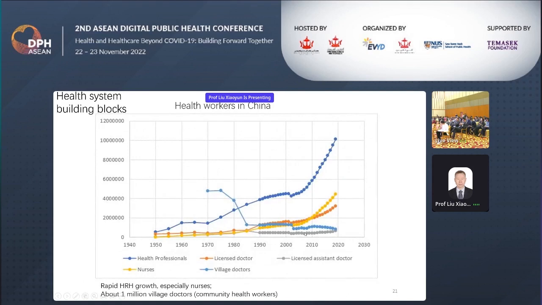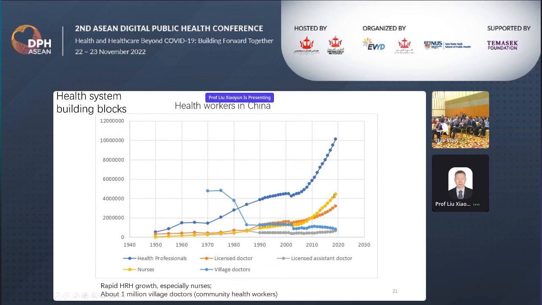And some figures on the health system 6 building blocks. For example, health workers, we can see a rapid increase in the health worker workforce development. I'll give a few examples. First one is the yellow line, which is the nurses.